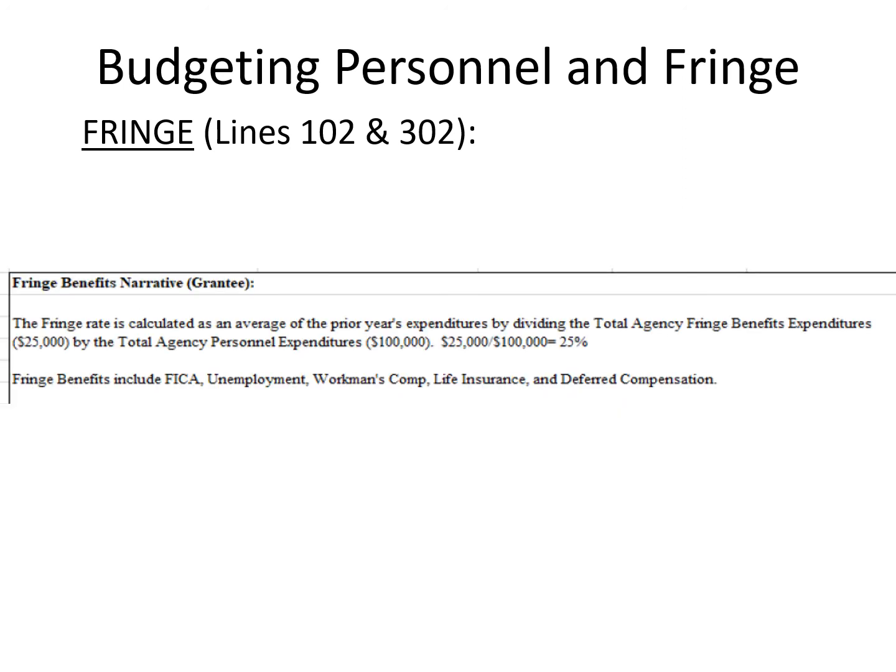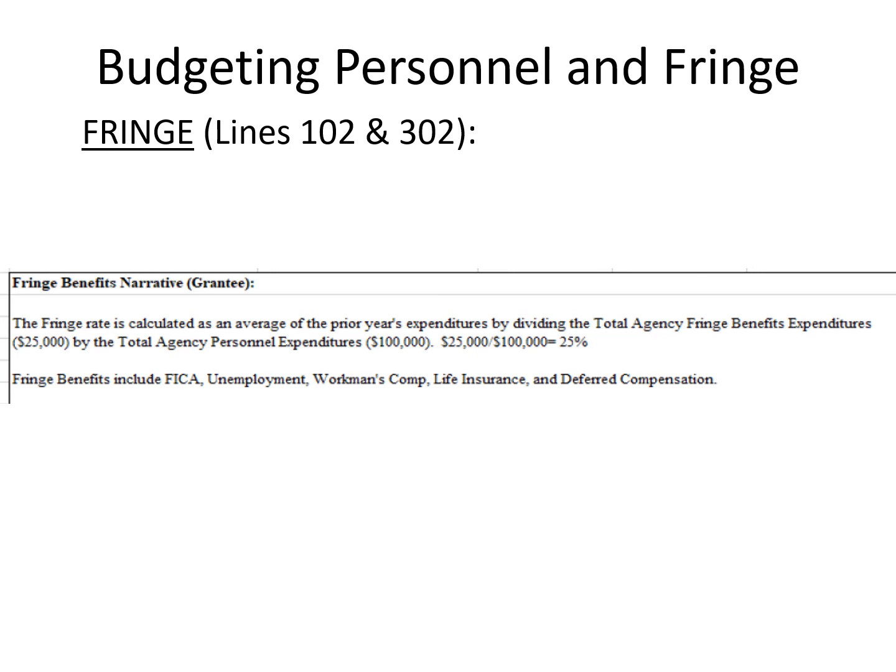This slide provides an example of what the narrative section may look like for the fringe tab if you utilize the average fringe rate methodology that we've recommended. In this example, it demonstrates that the fringe rate is calculated as an average of the prior year's expenditures by dividing the total agency fringe benefits expenditures, $25,000, by the total agency personnel expenditures of $100,000, and then you would actually write out the calculation. 25,000 divided by 100,000 equals 25%.